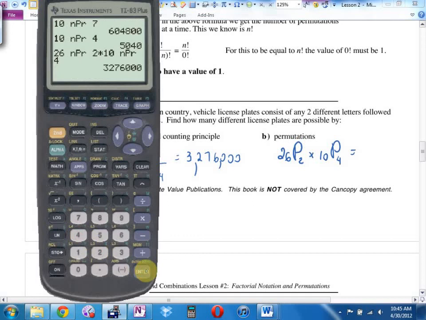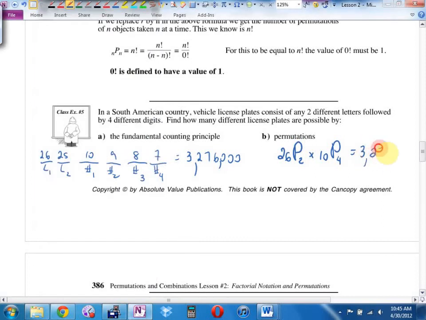Same answer? Same answer. You could have done it with permutations. I'm more comfy with drawing a blank, but I'll use this as a shortcut once in a while.